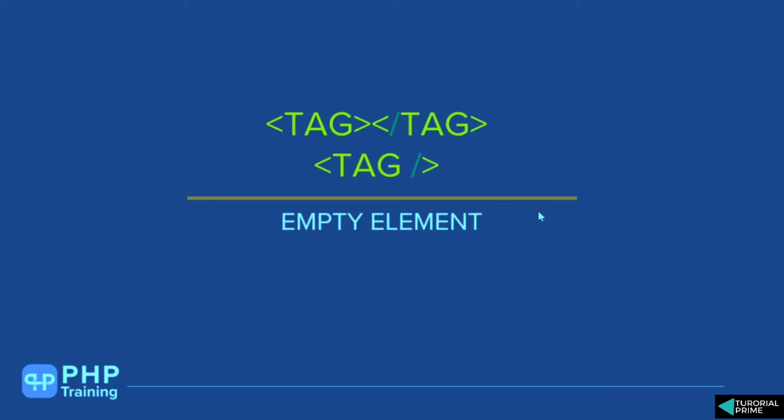Let's look at what is an empty tag. When you don't have data between a starting and a closing tag, you call it an empty tag. An empty tag is also called a self-closing tag. You also have tags where you don't have to mention content. If you see this example, less than tag, slash and greater than, you don't have a starting tag, you only have the ending tag.